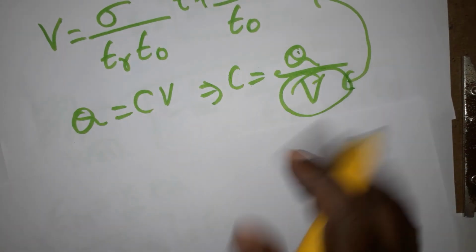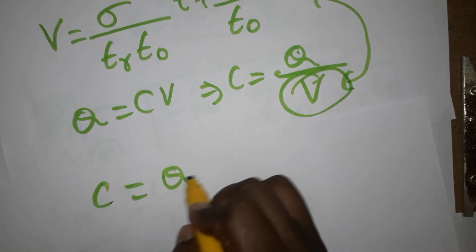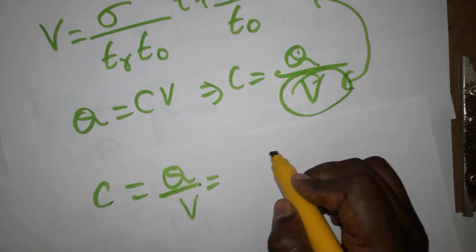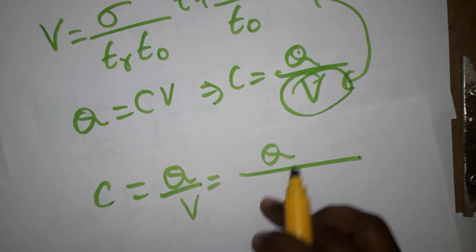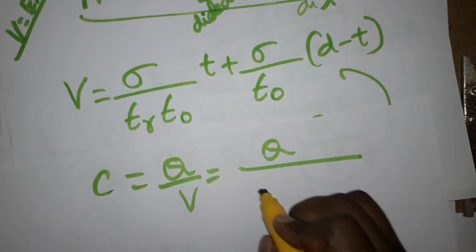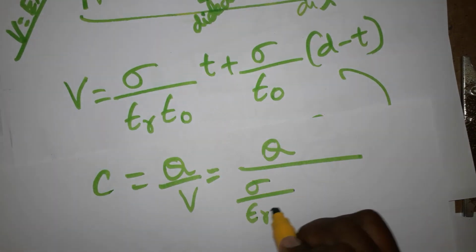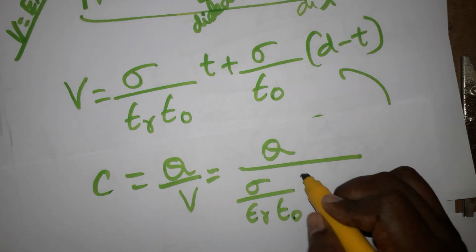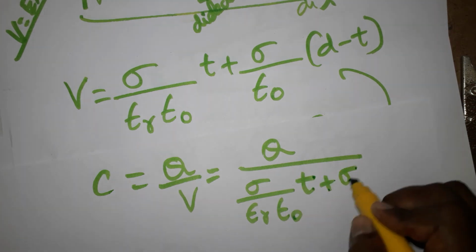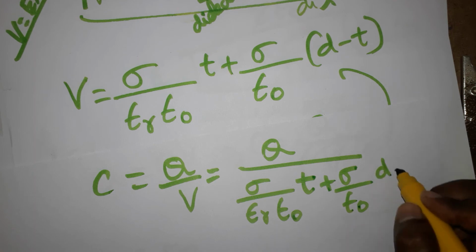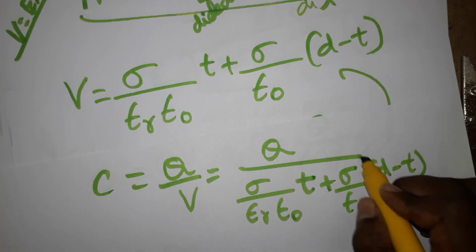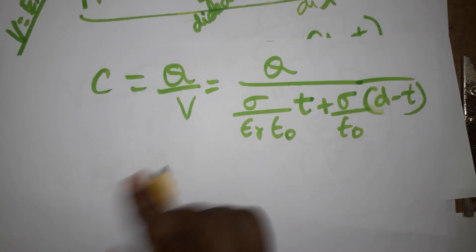So I get C is equal to Q divided by V, and I got V as this much: sigma divided by relative permittivity times epsilon naught, times t, plus sigma divided by epsilon naught, times d minus t. I take the common factor outside.